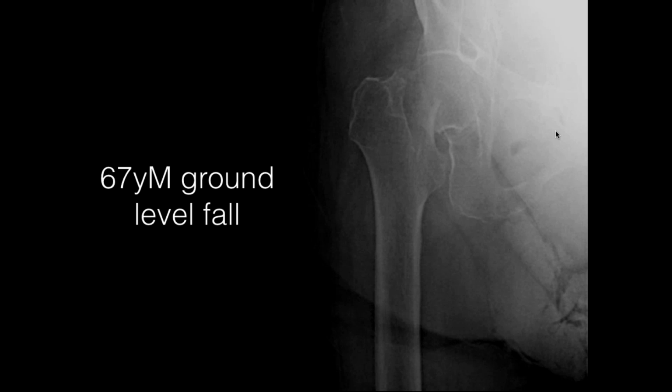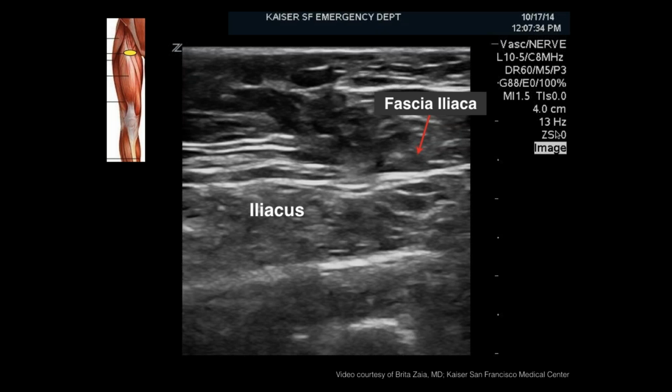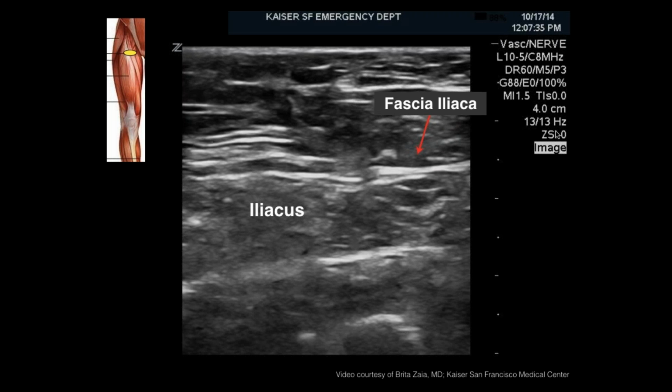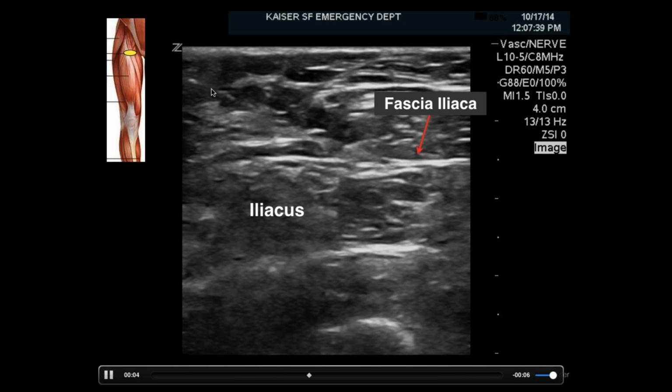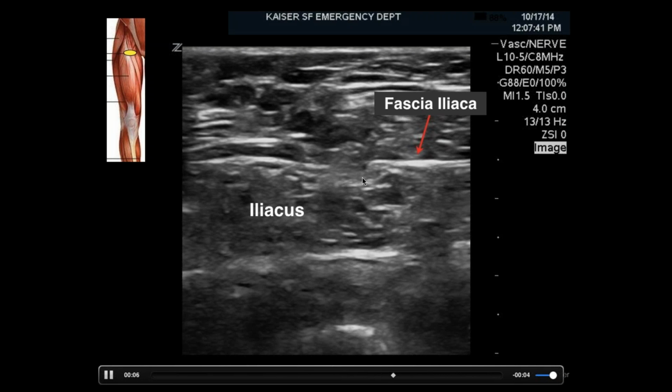This is a 67-year-old who had a ground level fall with a femoral neck fracture. This is courtesy of my friend and colleague, Dr. Brita Zaya. Here again, you're going to see the fascia iliaca, and then here's her needle tip popping through.